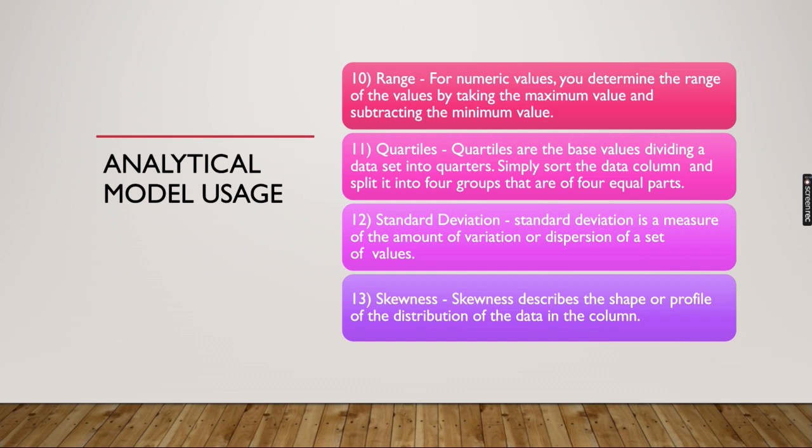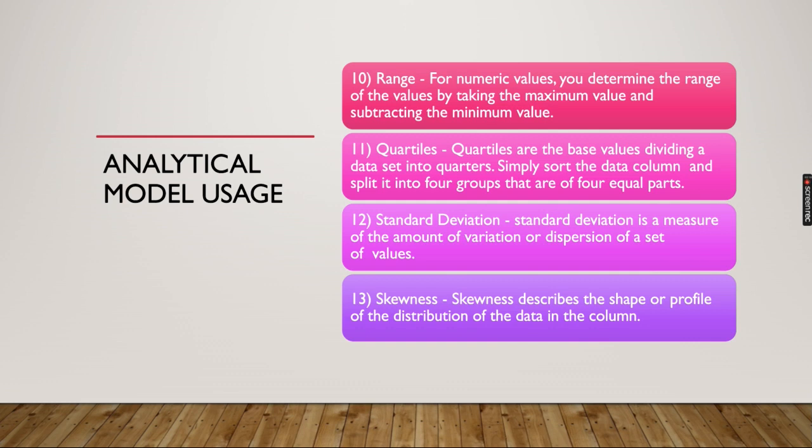Then range for numeric values. We need to determine the range of values by taking the maximum value and subtracting the minimum value from it. Quartiles are the base values. Dividing the data into quartiles: simply sort the data column and split it into 4 groups, which will have 4 equal quartiles.